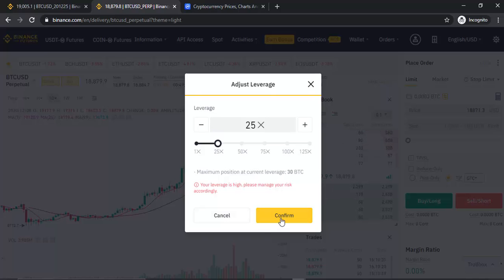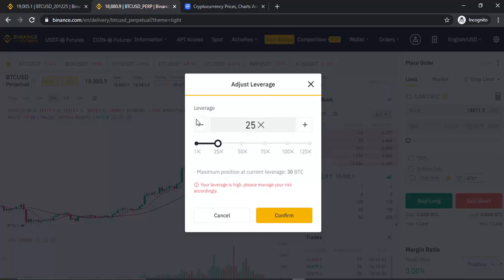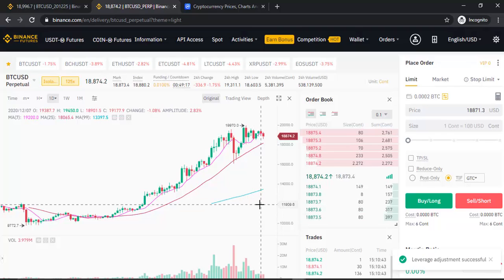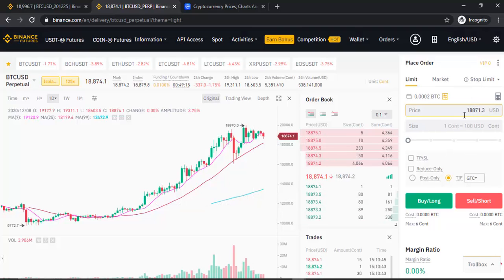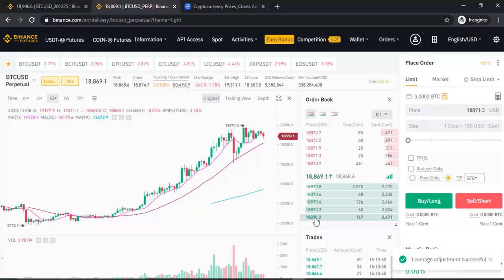So we click on confirm. But if you decide to choose 125, all you need to do is click 125, click confirm, and that's it. Then you can come here and take your trade. So we are moving back to 25 and then confirm.